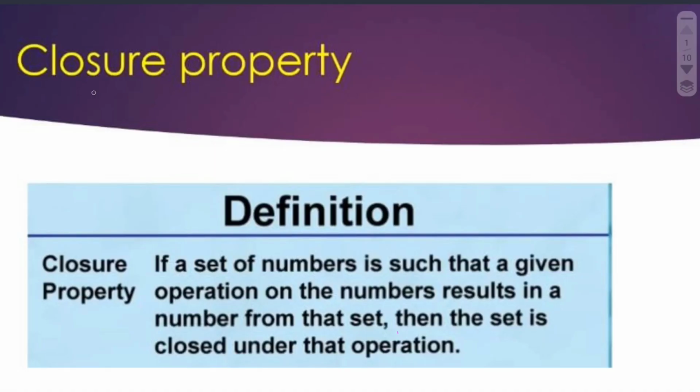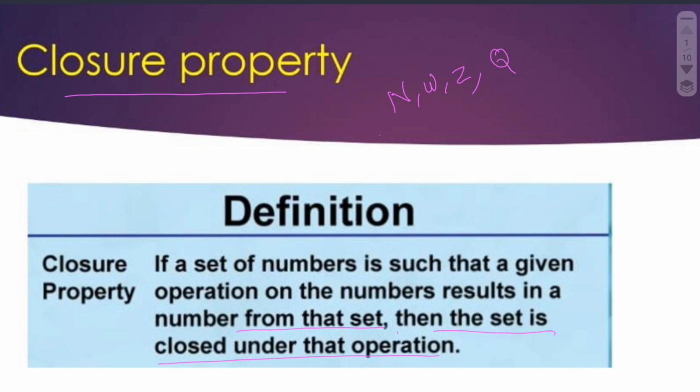Now let's see the first property, closure property. If a set of numbers is such that a given operation on the numbers results in a number from that set, then the set is closed under that operation. Consider any set of numbers like natural numbers, whole numbers, integers or rational numbers.